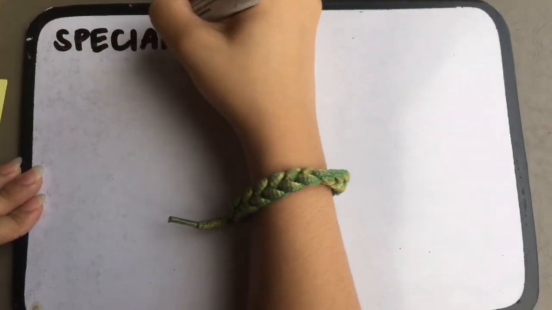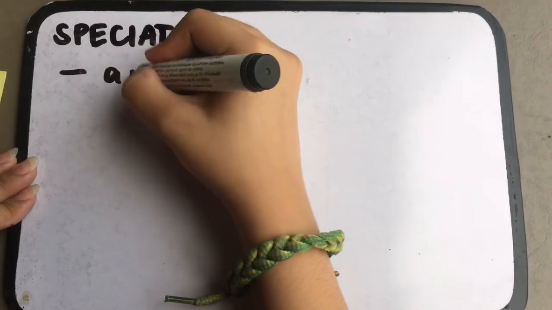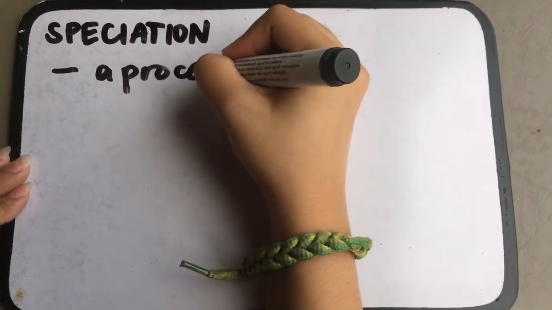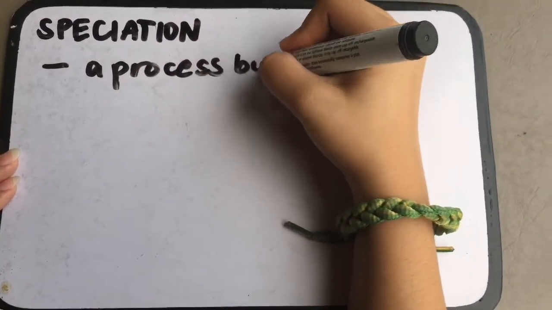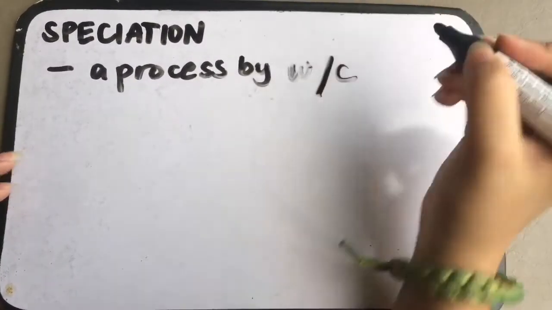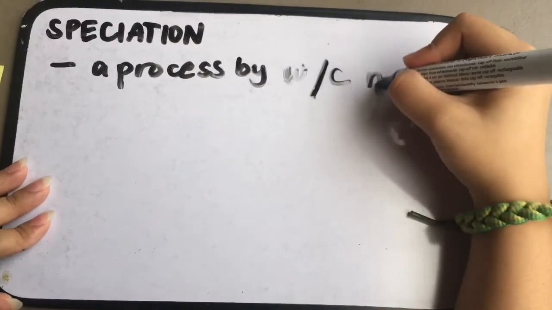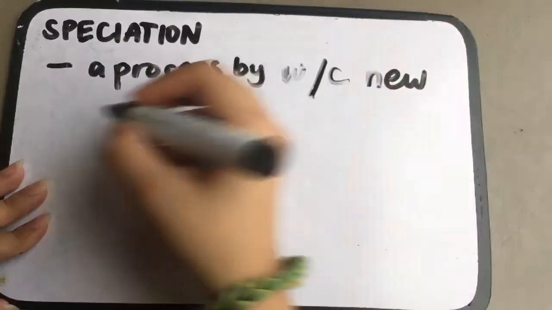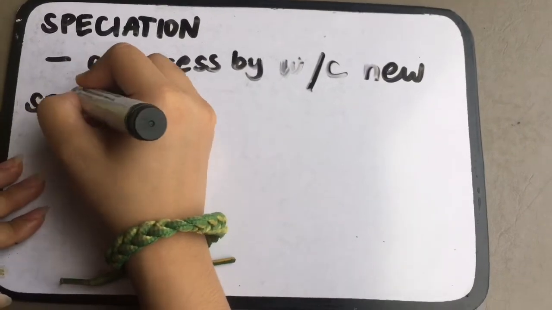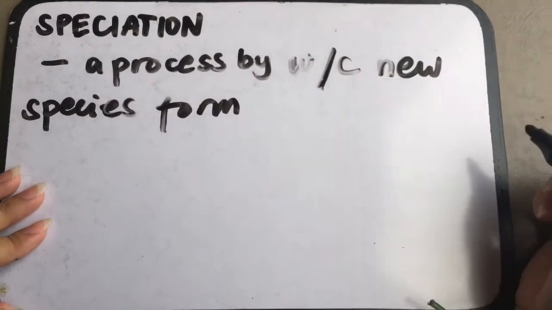Speciation is a process by which new species form.